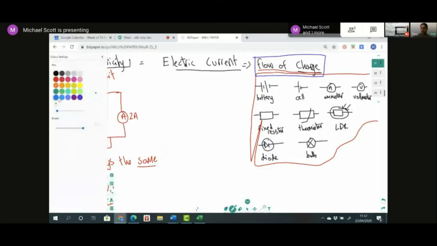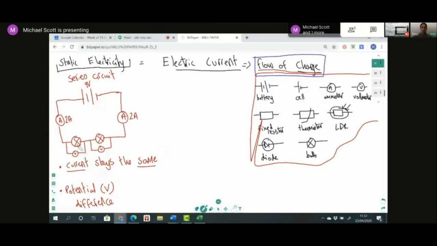What you may observe, especially if these bulbs are identical, is that the potential difference across this bulb could be 4.5 volts, and the potential difference across this identical bulb would also be 4.5 volts.